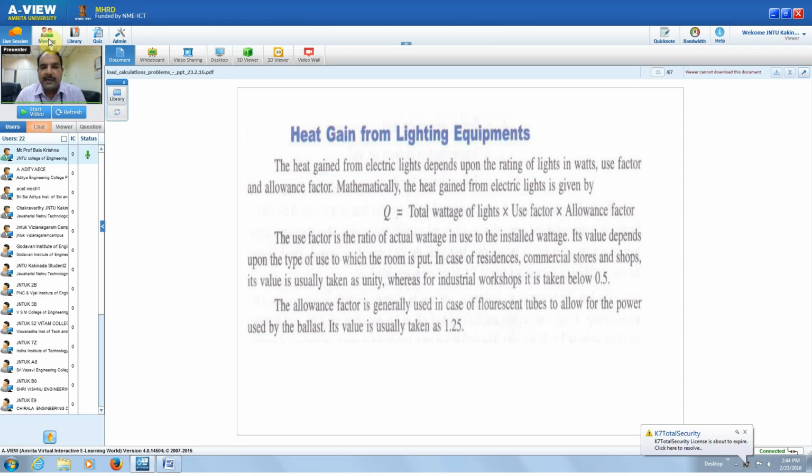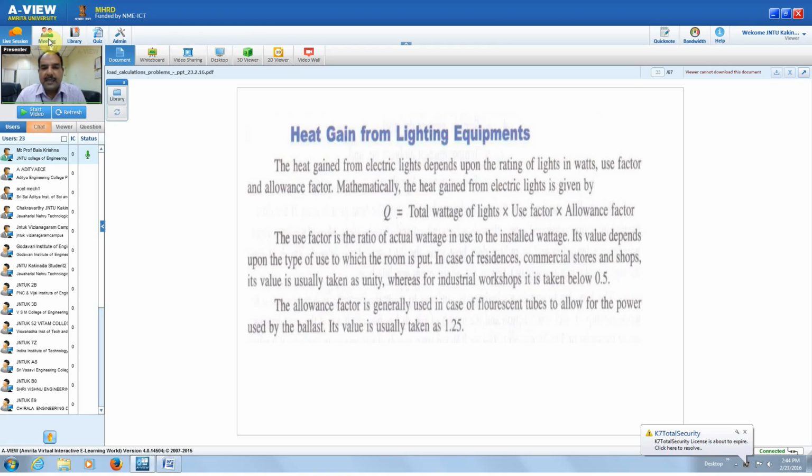The use factor is the ratio of actual wattage in use to the installed wattage. Its value depends upon the type of use to which the room is put. In case of residences, commercial stores and shops, its value is usually taken as unity, whereas for industrial workshops it is taken as 0.5.